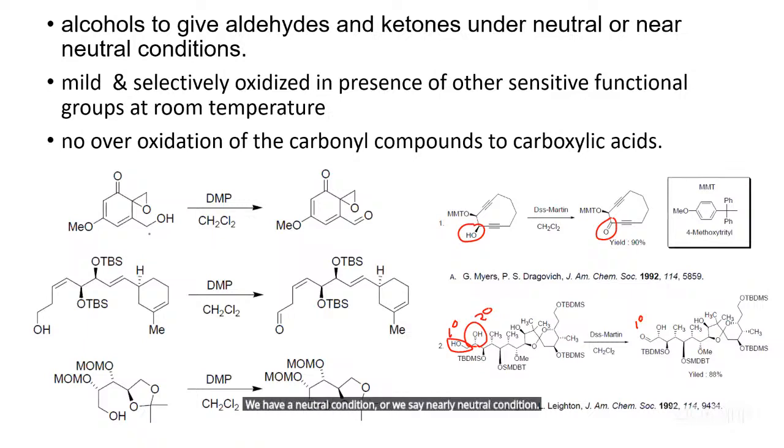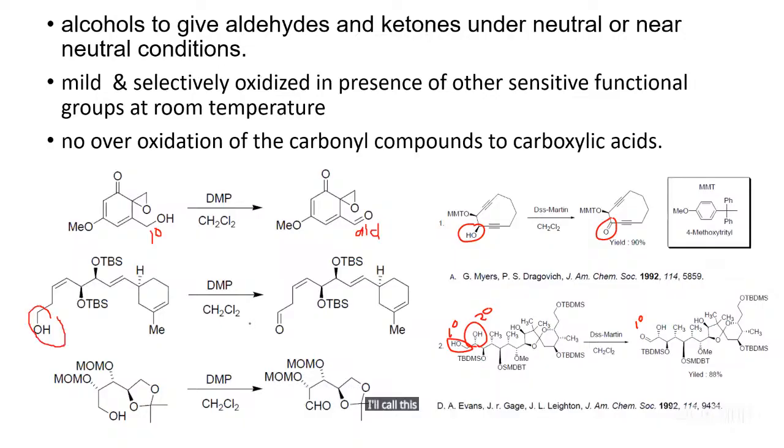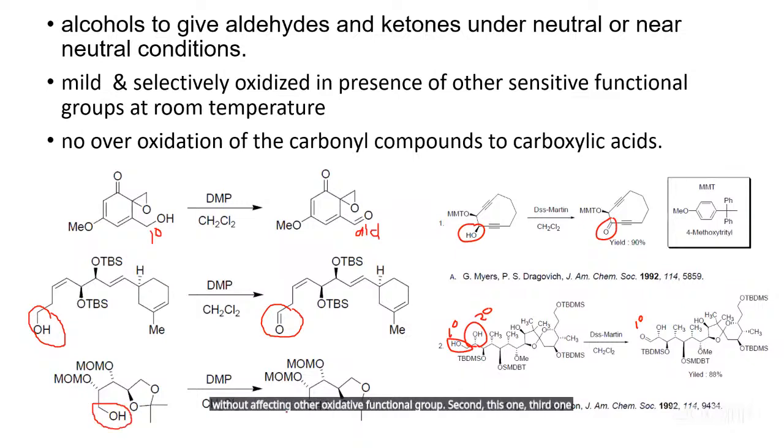In that condition, we convert this primary alcohol to an aldehyde. If you look at another one, this is the selective oxidation of the alcohol, again primary alcohol to an aldehyde without affecting other oxidizable functional groups. The third one is also a primary alcohol converted to an aldehyde.